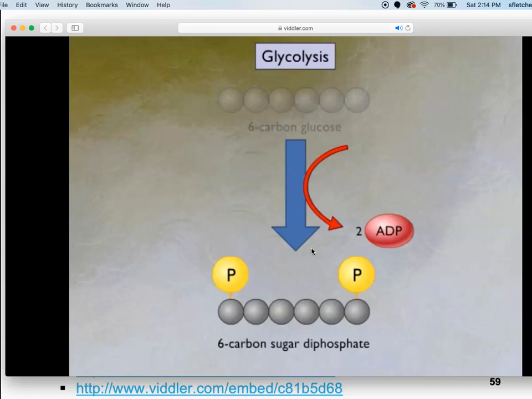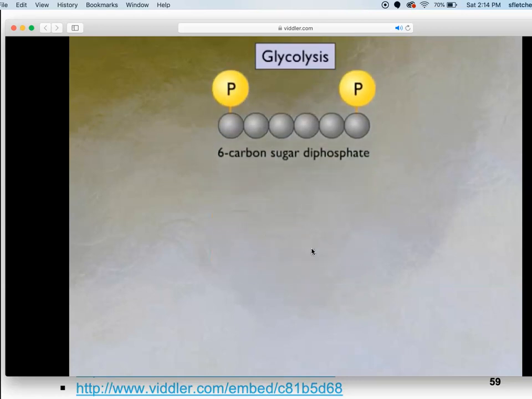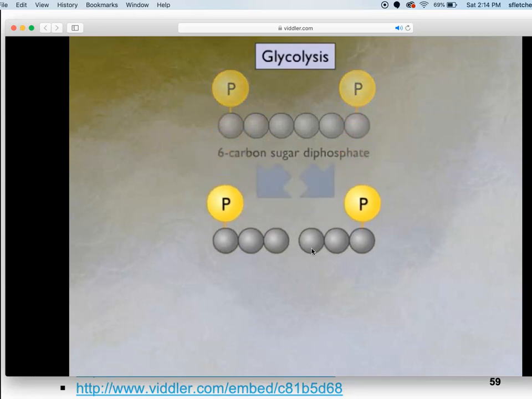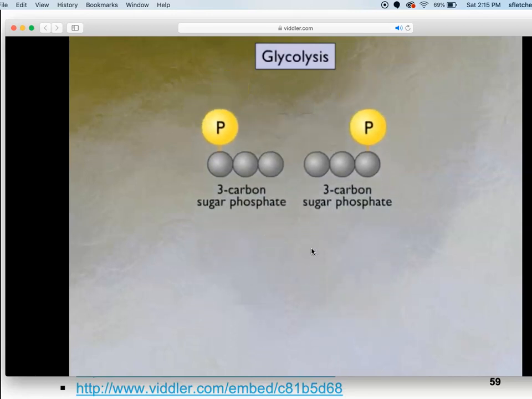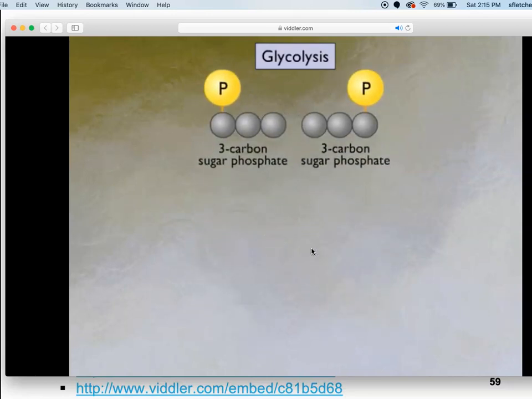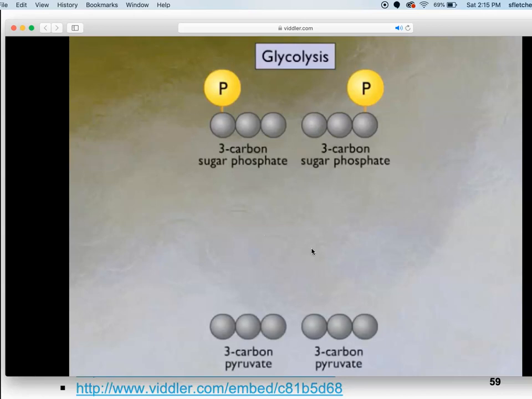The result is a 6-carbon sugar diphosphate molecule and 2 low-energy adenosine diphosphate molecules, or ADP. This 6-carbon sugar diphosphate molecule is then split into 2 3-carbon molecules. During the energy harvesting steps of glycolysis, each 3-carbon molecule is converted through a series of steps to pyruvate.